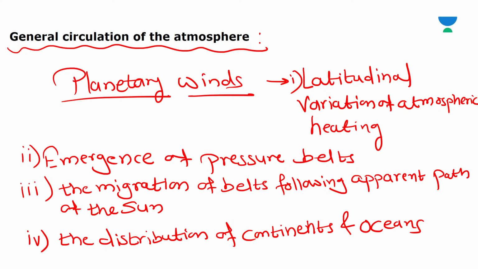So the pattern of the movement of the planetary winds is called the general circulation of the atmosphere, and the general circulation of the atmosphere also sets in motion the ocean water circulation, which influences the Earth's climate.